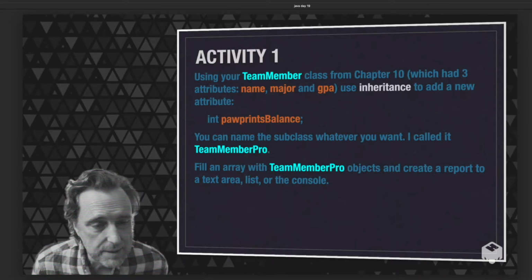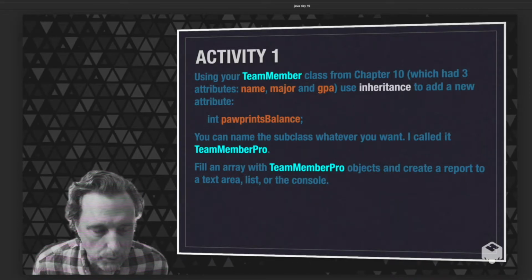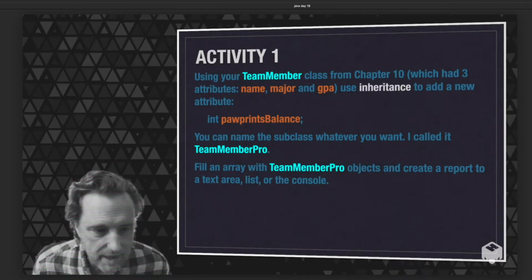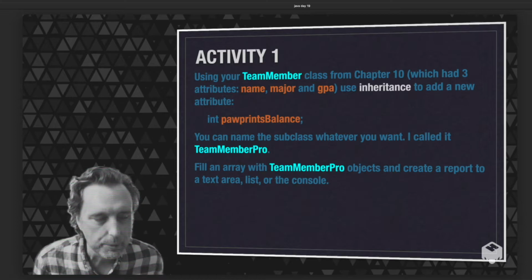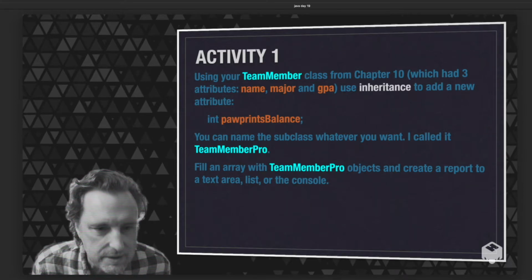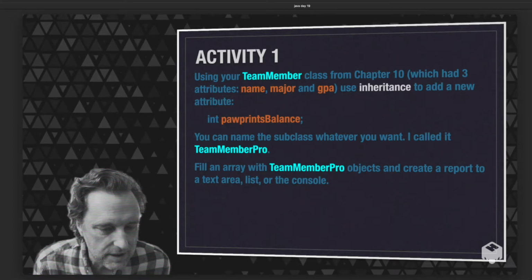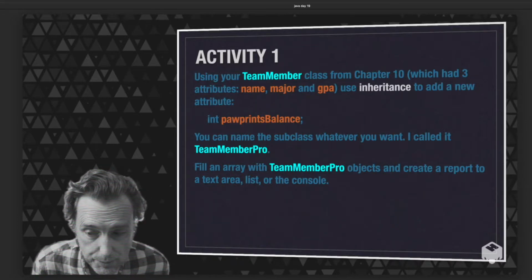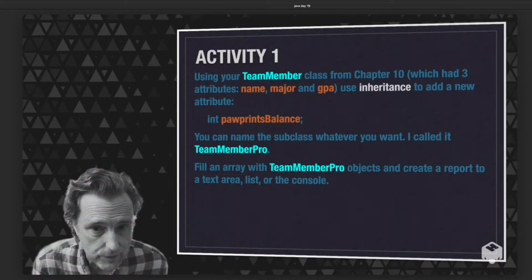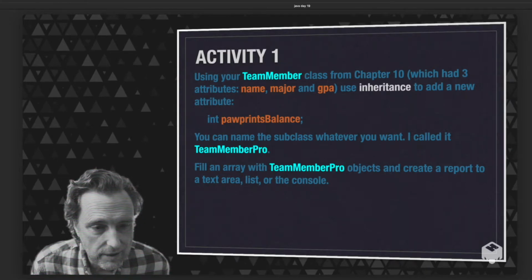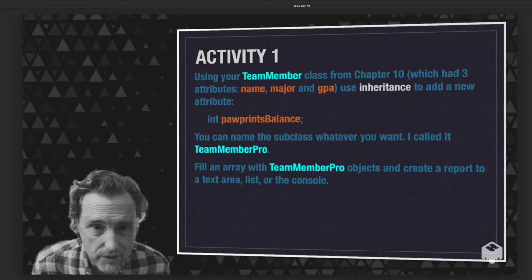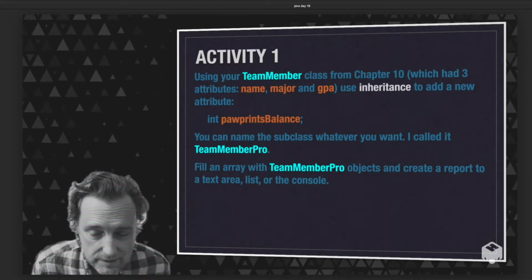We extended the TeamMember class and we defined one attribute. And then we created a new constructor to help us create TeamMemberPro objects. And then we created a simple report by filling an array with TeamMember objects and TeamMemberPro objects, to get a report to the console. This is a super simple app, a report to the console that listed out all the students in the team, and it had their GPA and their paw prints balance.